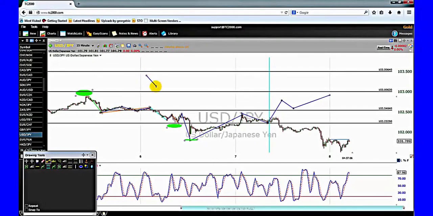We see 1, 2, 3, 4. My apologies to the traders, there is some work taking place in this area here, so there's nothing I can do about it. Okay, so we have 1, 2, 3, 4, 5, and we were expecting a kind of flat correction that has started.